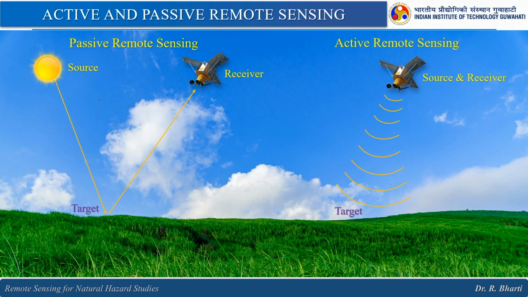When we talk about active remote sensing, the sensor itself has a source of energy. So it illuminates the target and then it also measures the reflected, emitted or backscattered energy. In such a situation, we call it active remote sensing. So active remote sensing is where the sensor has its own source of light, and in passive remote sensing, we rely on solar energy, right.